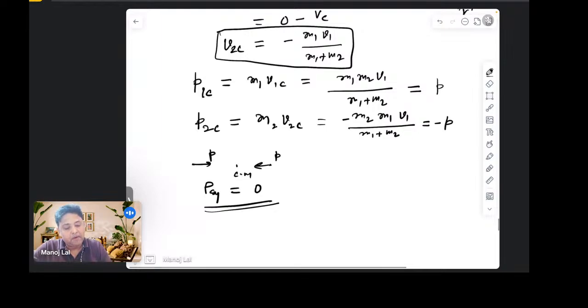So after collision, what are the velocities and the momentum of particle 1?